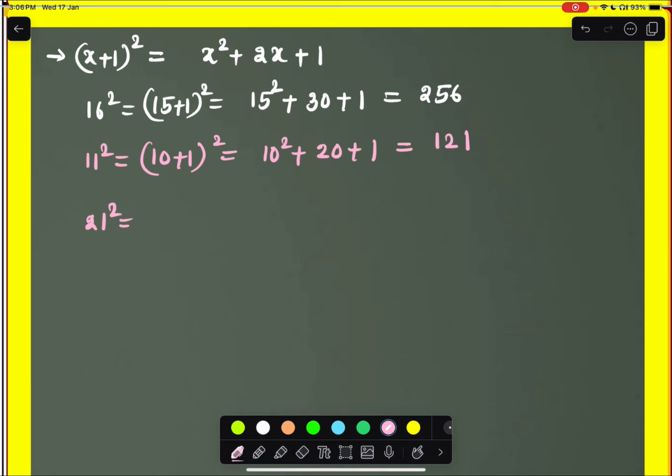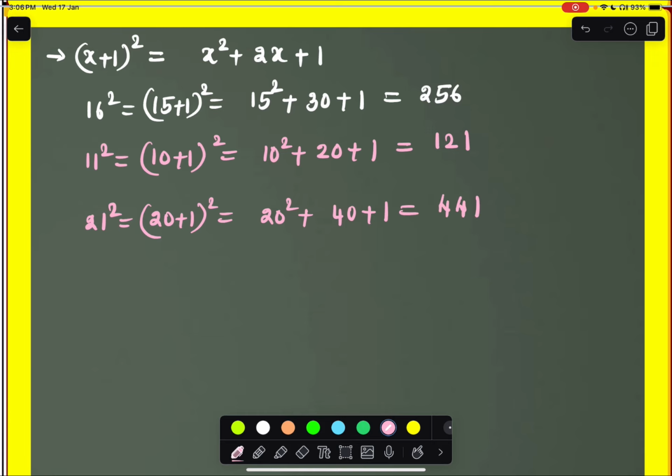Same thing: (20 plus 1) whole square. 20 square, and 2 into 20 into 1 gives 40, plus 1. 20 square is 400, 400 plus 40 is 440, plus 1 is 441.